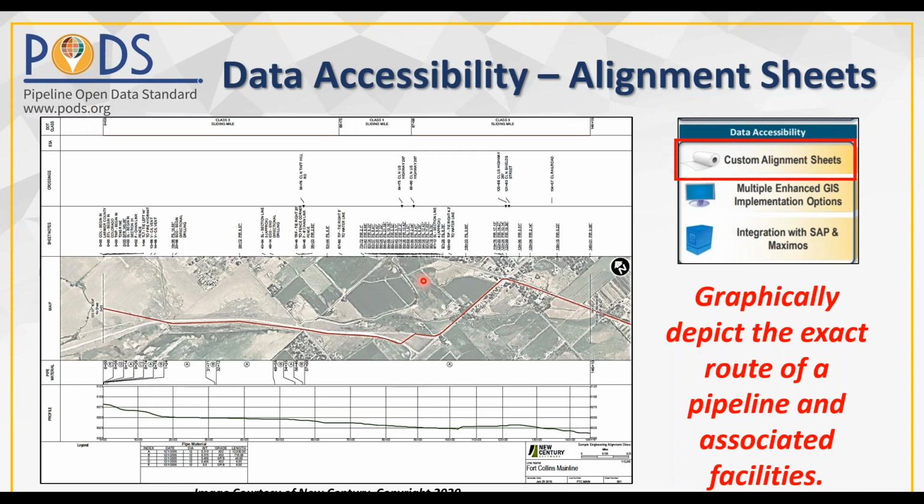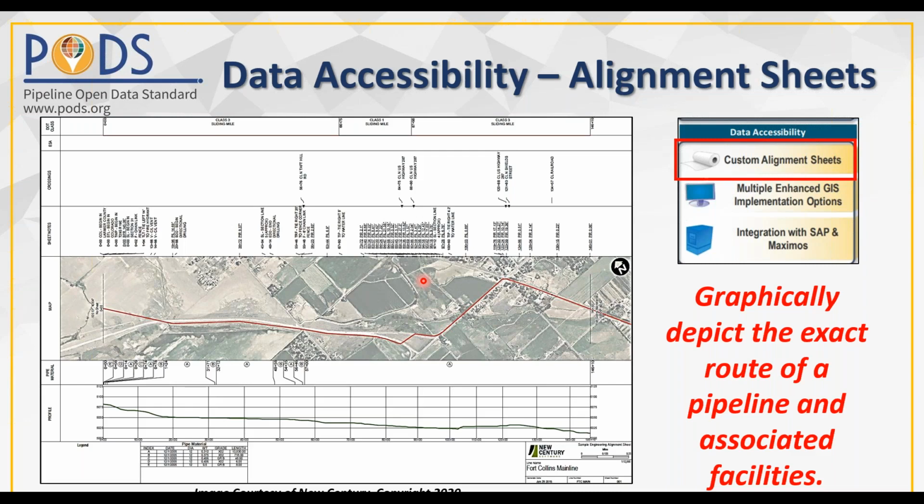It shows the pipeline as it exists in the ground today. So alignment sheets are generated by third-party applications that are connected to PODS. So everything you're going to be seeing in terms of these capabilities are all being fueled by the PODS data model.